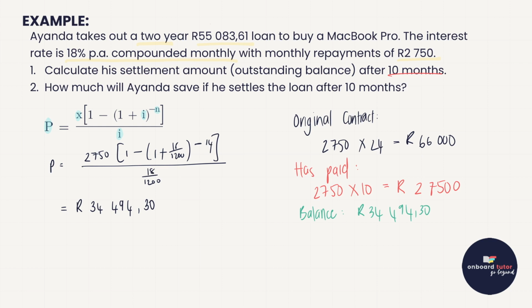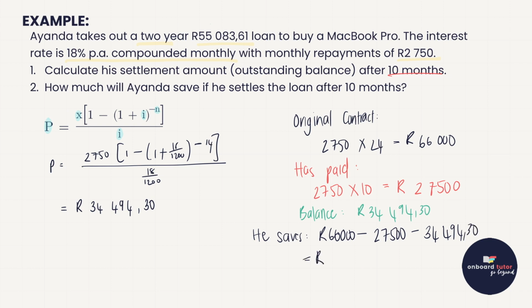Okay, so we can then conclude he saves. Let's figure out. If he was supposed to pay 66,000 Rand in total, but he's only going to pay what he has paid, the 27,500, and then this balance here of 34,494 and 30 cents.